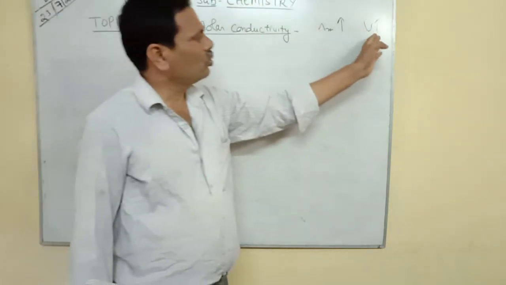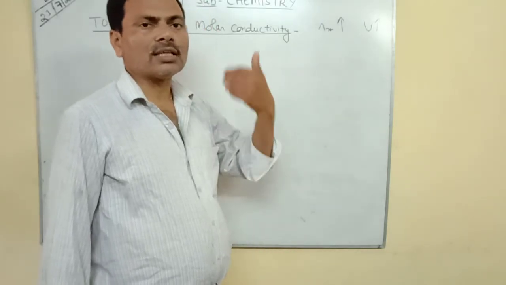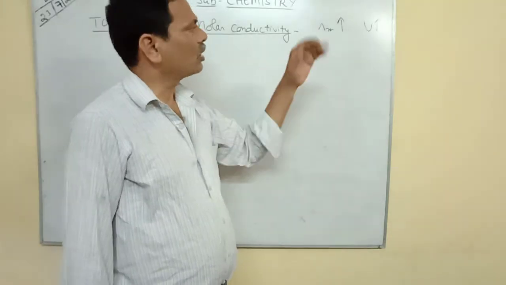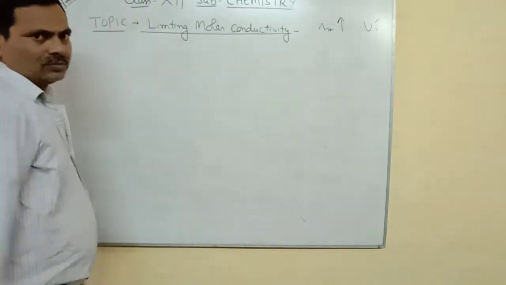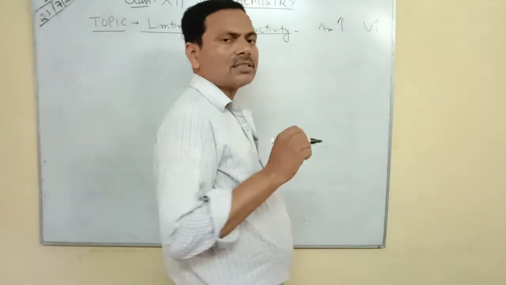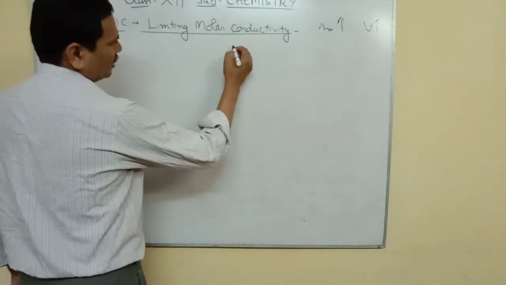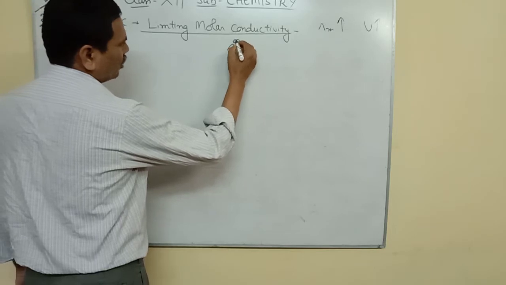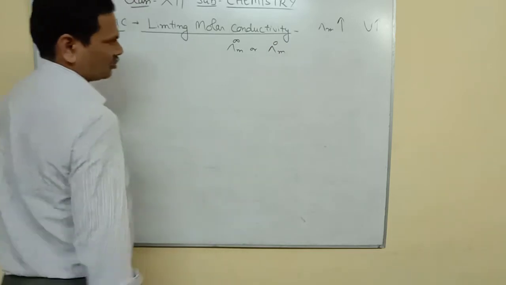It means if the electrolyte is diluted to an infinite level, then molar conductivity may be infinite, but it does not happen. At infinite dilution, or when concentration is zero, molar conductivity is expressed as Λm at infinite dilution, or zero concentration.